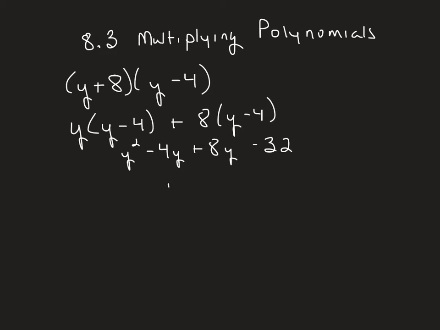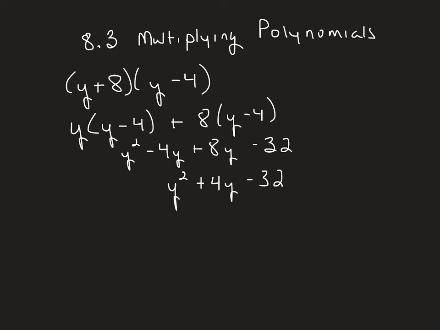Then we can simply combine like terms. Y squared plus 4y minus 32 is what we get when we multiply y plus 8 times y minus 4. I simply used the distributive property.